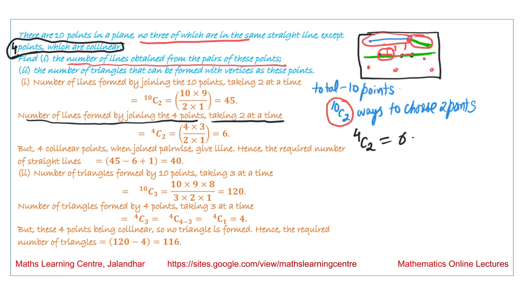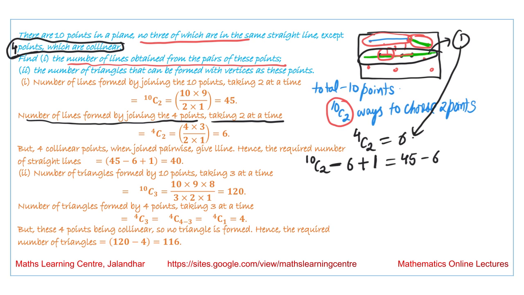So out of the lines we are counting, the lines because of these 4 points number 6, and there is one line which passes through all these 4 points, so plus 1. So the answer is 10C2, that is 45, minus 6 plus 1, which is equal to 40. So there are 40 lines which can pass in this way.